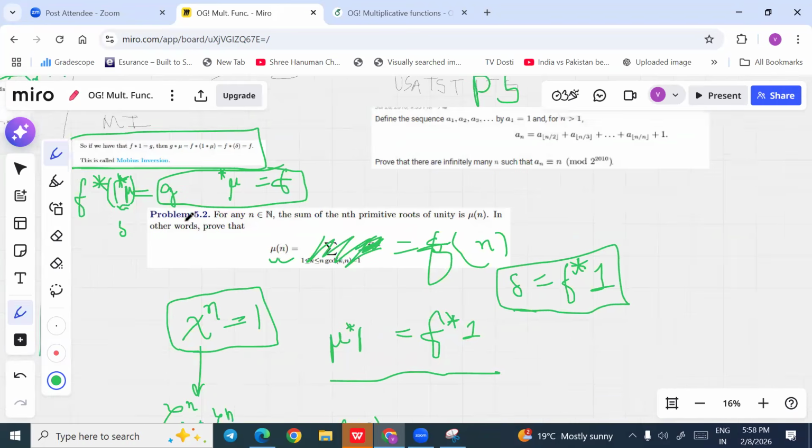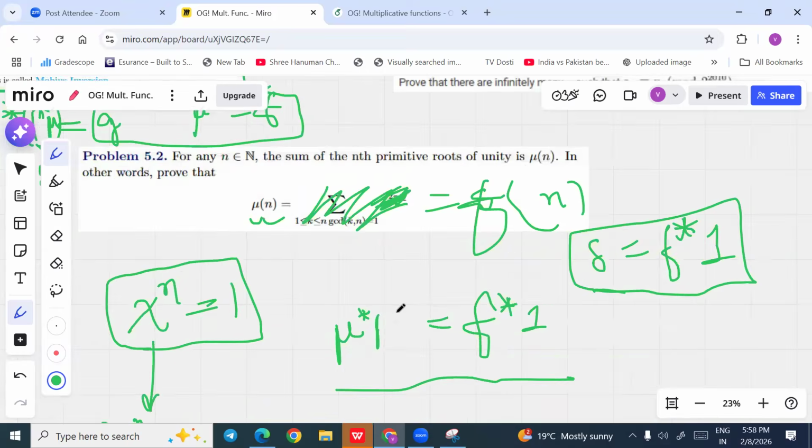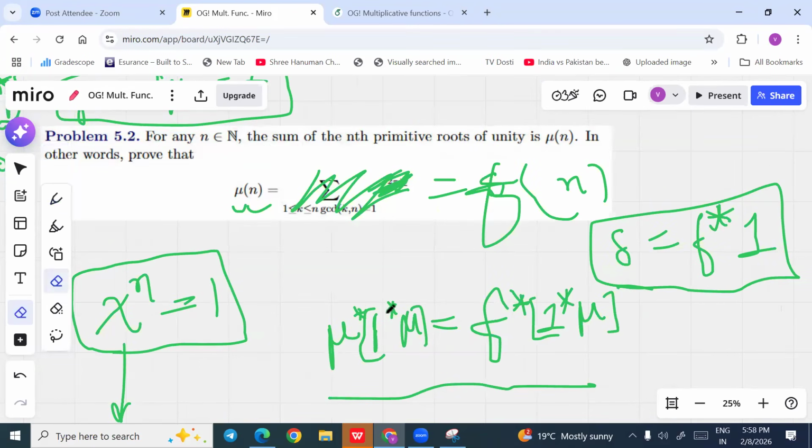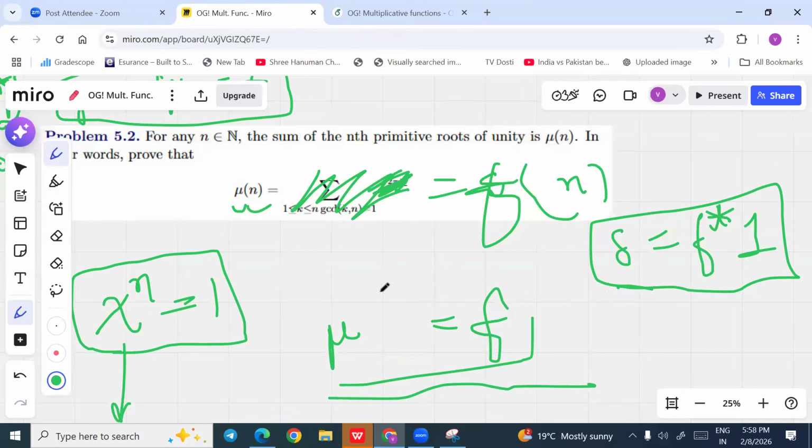If you take 1 and convolute both sides with mu, you can get back the identity. The Dirichlet operation is associative, so you can put brackets on any two arbitrarily. And 1 cross mu, as we proved, is the identity Dirichlet delta. And you know that Dirichlet delta cross some function is just that function. So you just get this, and voila, you'll be done.